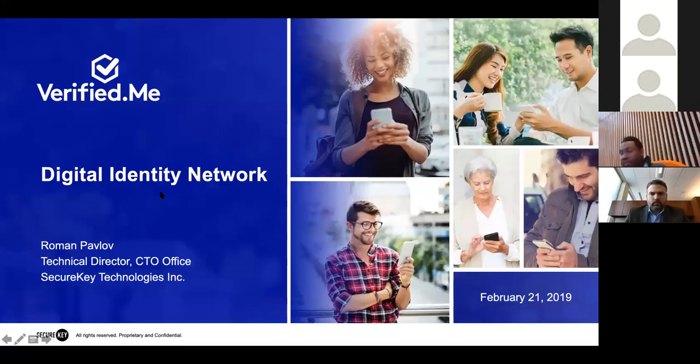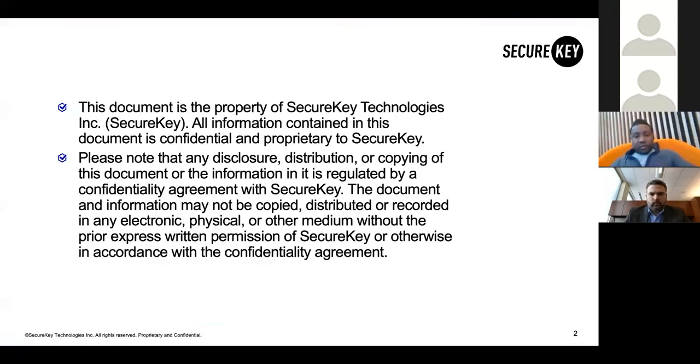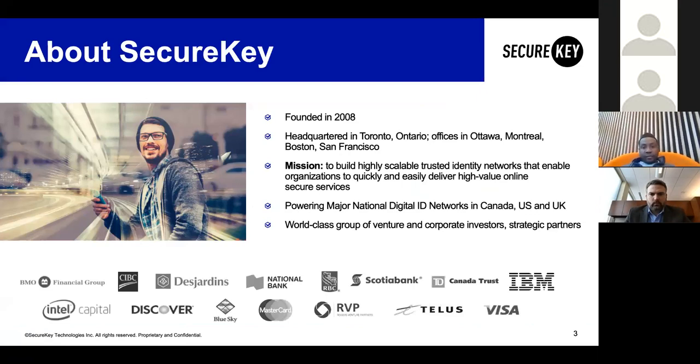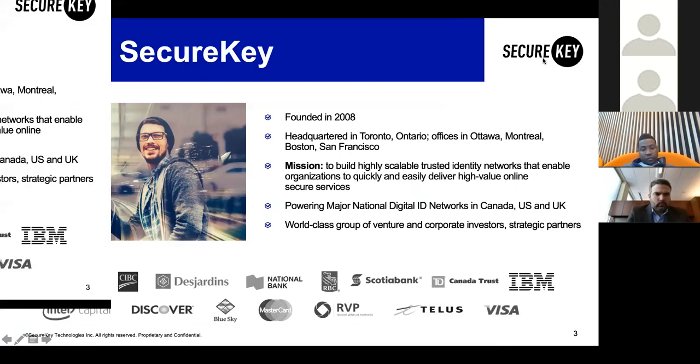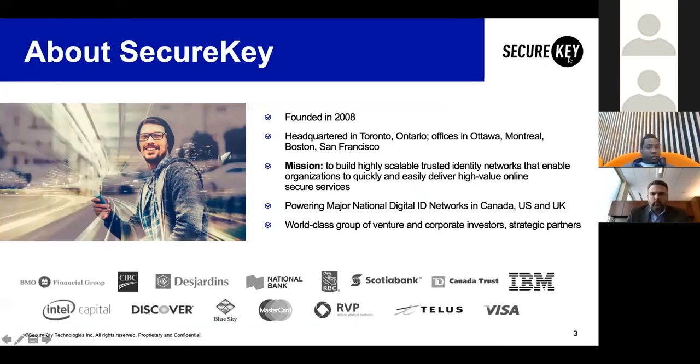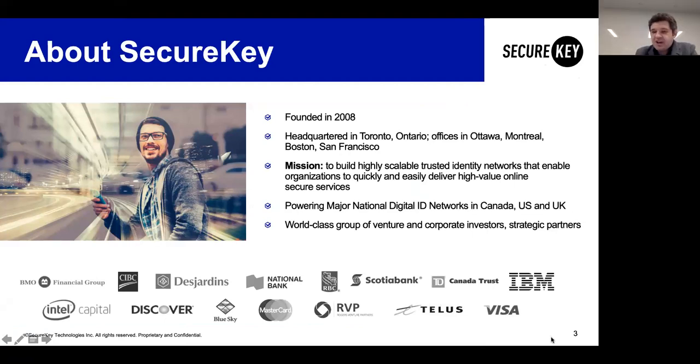A little bit about myself and our brand. The new product that we have is called Verified Me, and a little bit about the company, SecureKey Technologies. We are based out of Toronto with offices in Canada and a couple of offices in the United States.